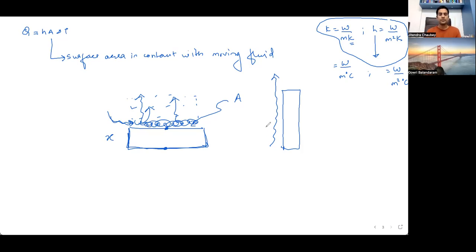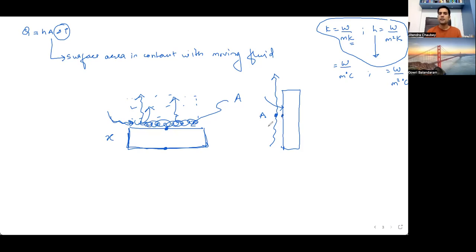In that case, you need to calculate the area in contact, and that is the surface area. This delta T would be the temperature difference between the fluid and the surface. Like in conduction, it was the temperature difference between the ends of the body. In case of convection, it will be the temperature difference between the fluid and the surface.